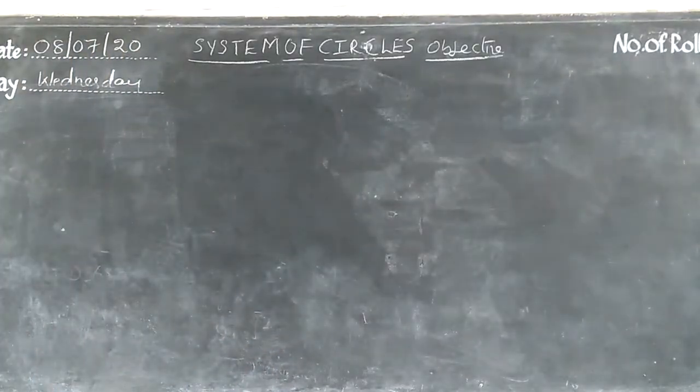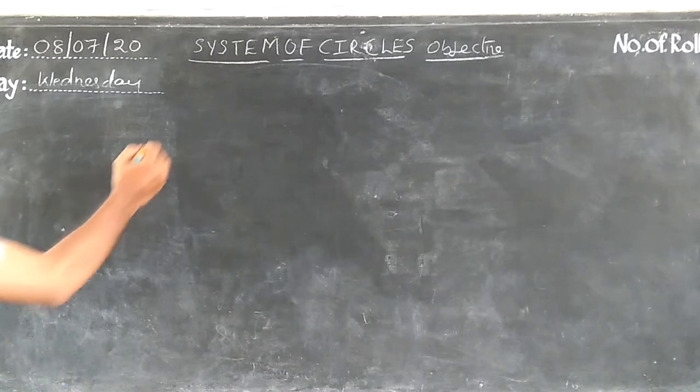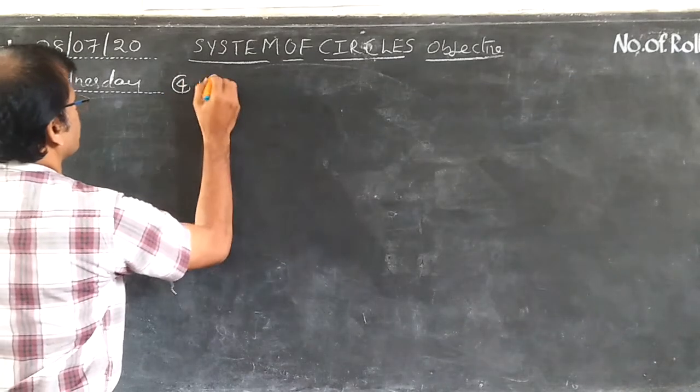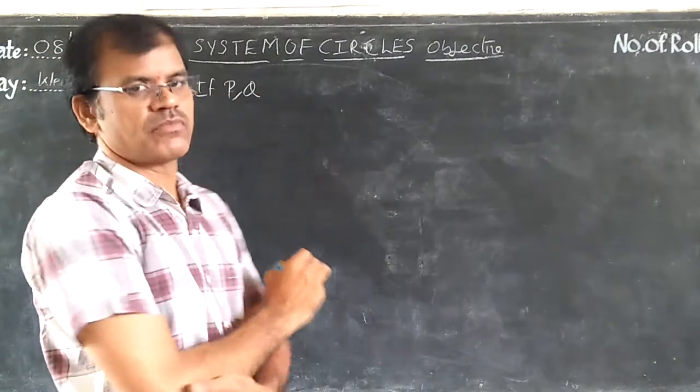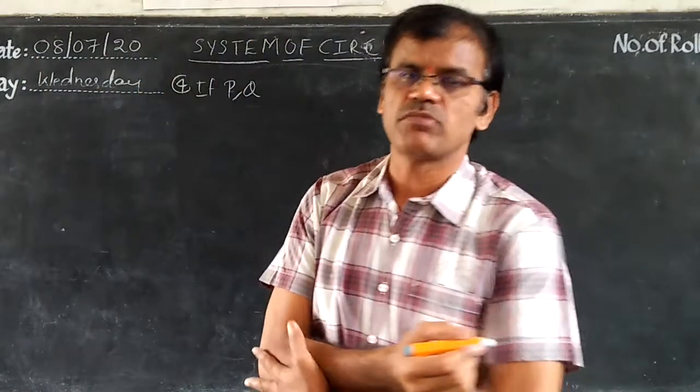Three formulas completed. Next, let us discuss the fourth formula: if P, Q are conjugate points with respect to the circle S equal to 0. This is the IPSM exercise 2A, Roman number 2, fifth question.